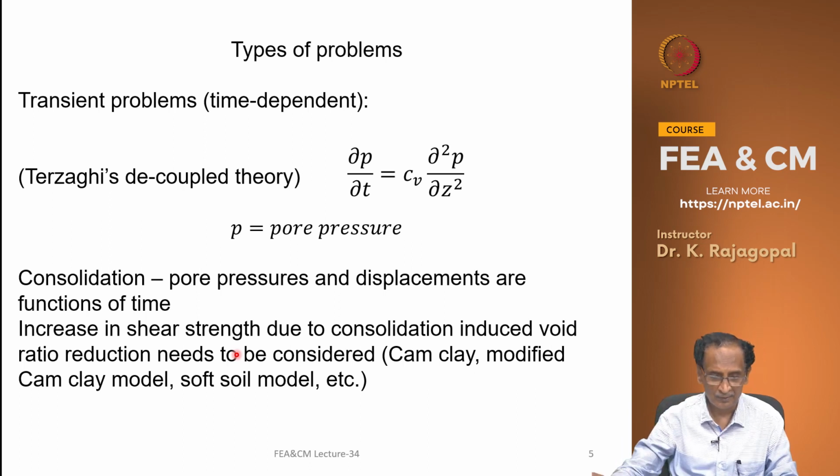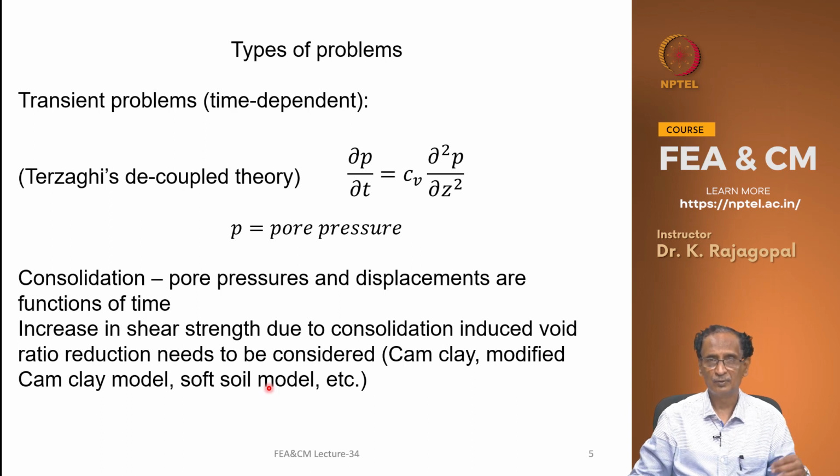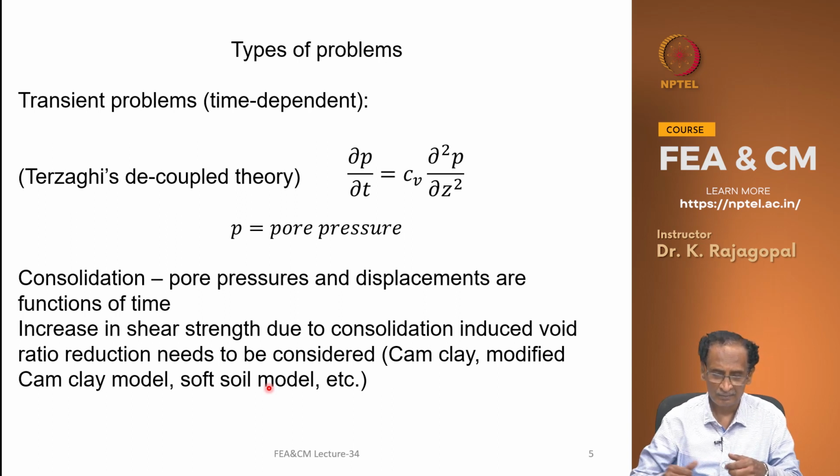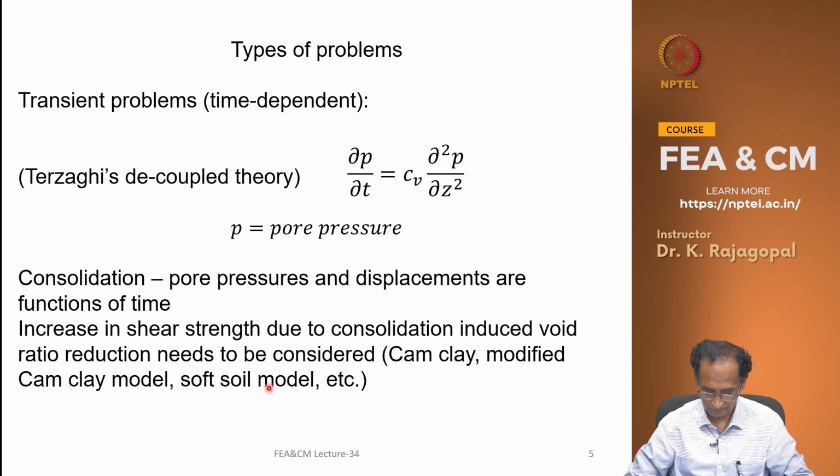Some of the latest models like Cam clay, modified Cam clay or soft soil models account for these consolidation properties. You will hear some guest lectures on these topics later on.